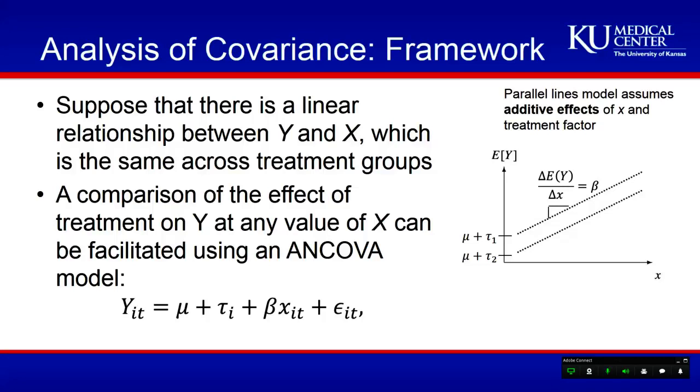Along the x-axis is the nuisance variable, in this case baseline performance. On the y-axis is the outcome, which is their performance after the training period. And then I've got two lines that describe the relationship between that nuisance variable and the outcome in the two different groups we're comparing. What do you notice about those two lines?